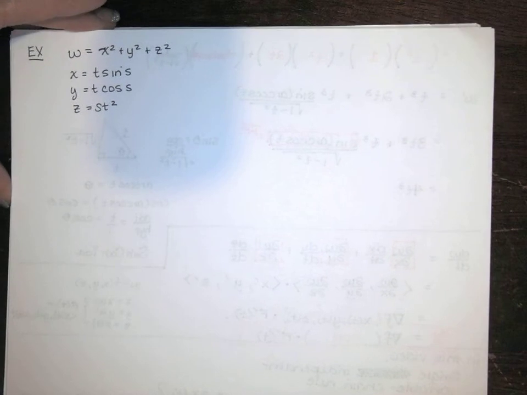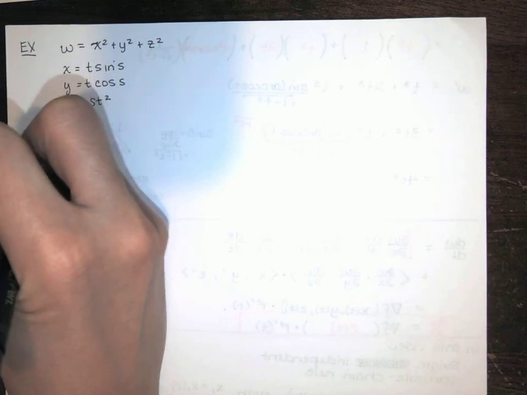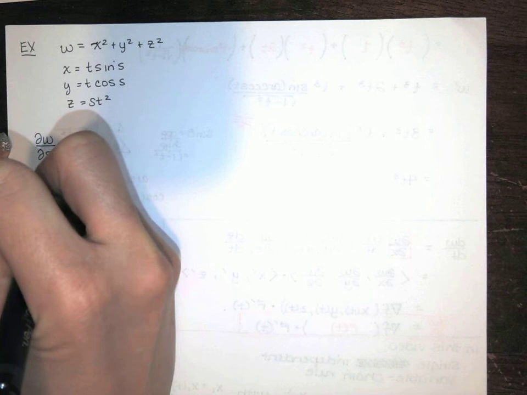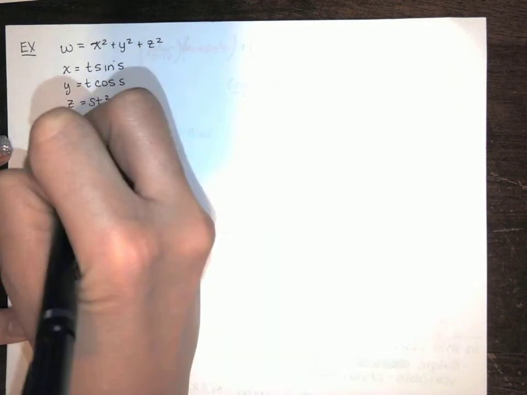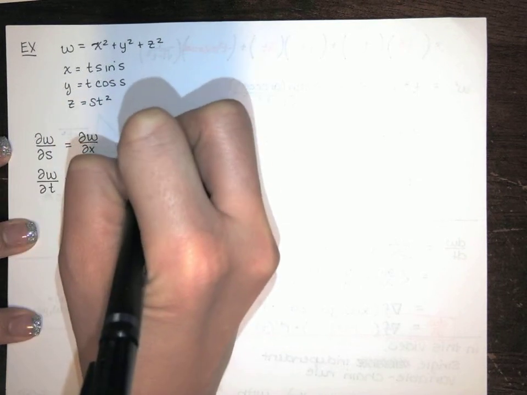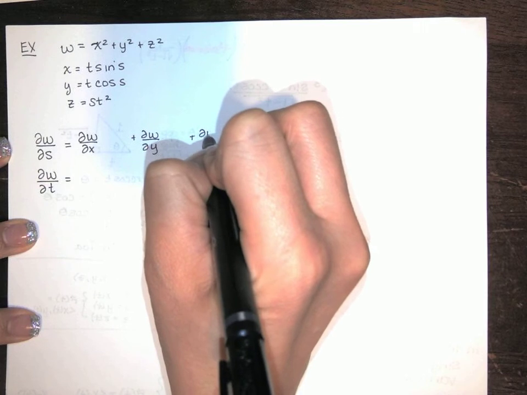All right, and I picked a simple one. So w is a function of three variables. So that means each of the chain rules will have three terms. I have partial of w with respect to x, partial of w with respect to y, and since it also depends on z, a partial of w with respect to z.